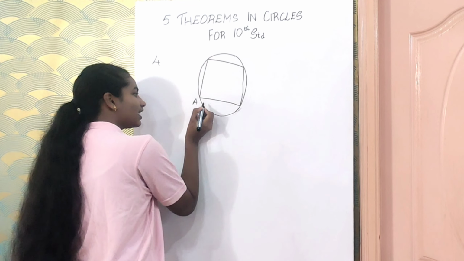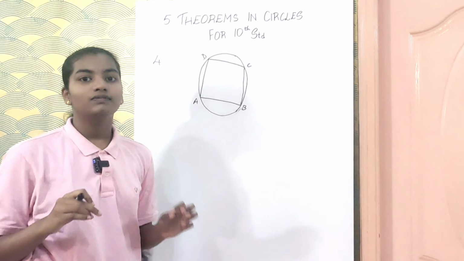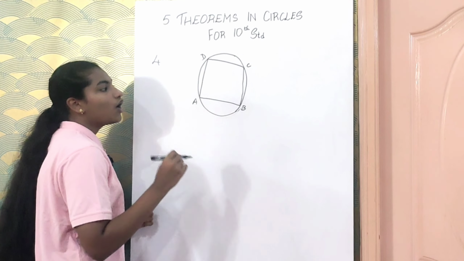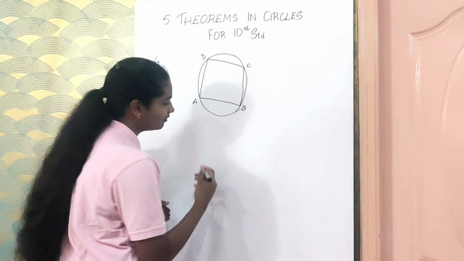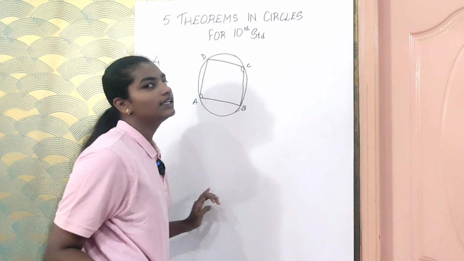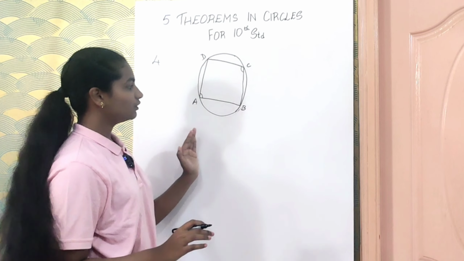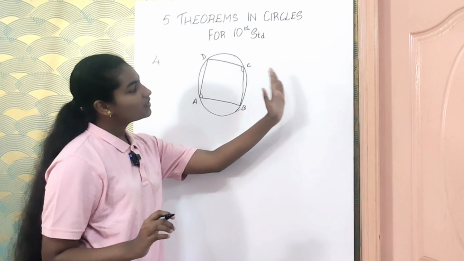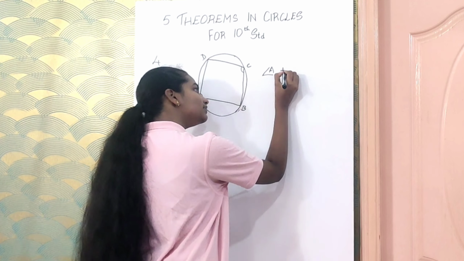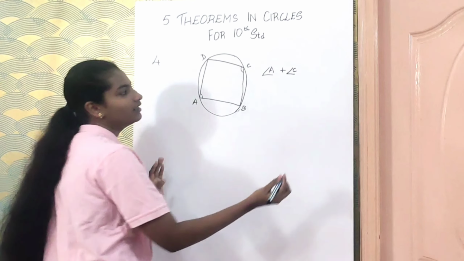Now I'll name it as A, B, C, D. Now the fourth theorem states that the sum of opposite angles, for example, let me take angle A and angle C. These two are the opposite angles, which is why I took A and C. So the sum of the opposite angles, that means angle A plus angle C, will be supplementary.